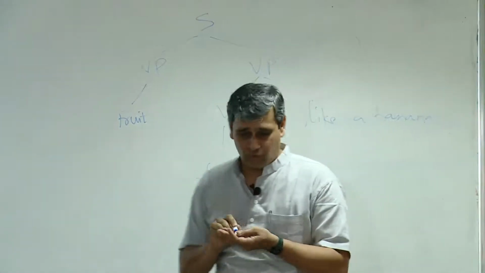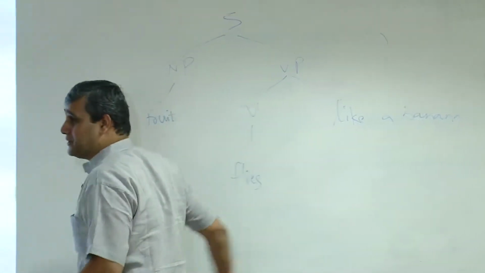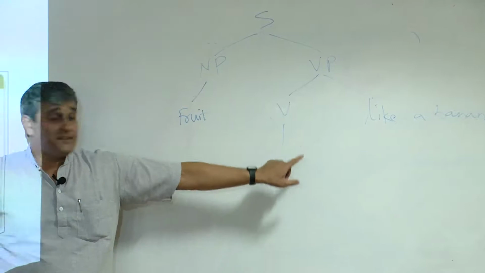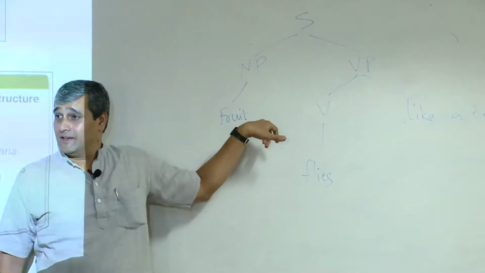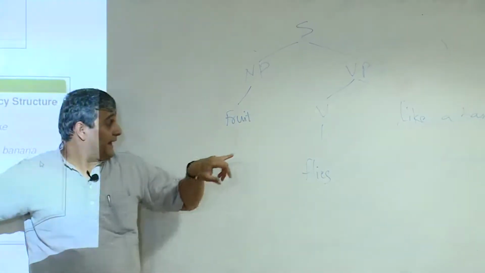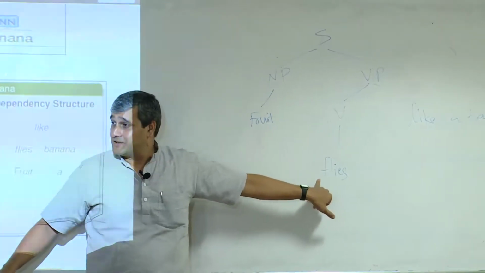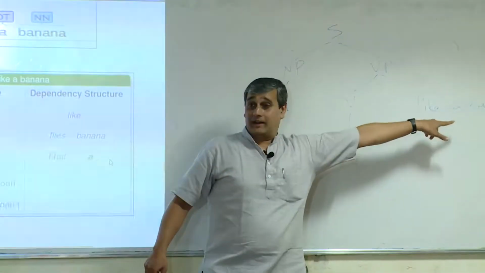Another way of parsing this is fruit, and instead of having verb like, I have verb flies and then like a banana.